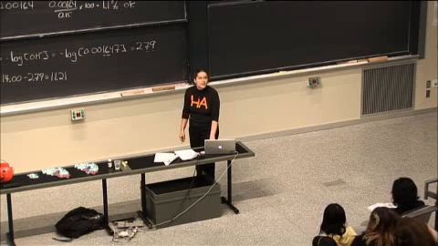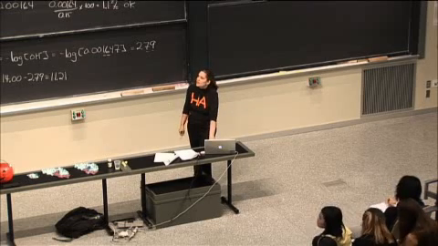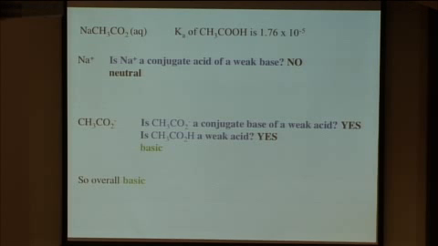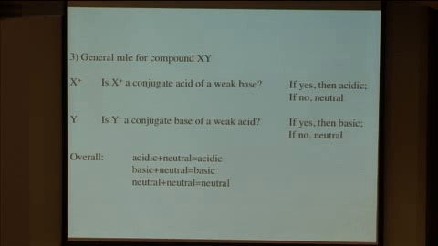All right, so let's look at a general example now as well. So here we can talk about a general rule. If you have compound XY, we can talk about X plus and Y minus. For X plus, you're going to be asking if it's a conjugate acid of a weak base.